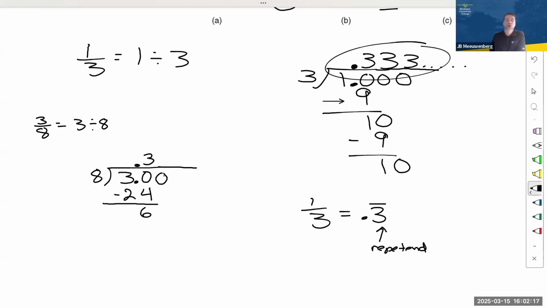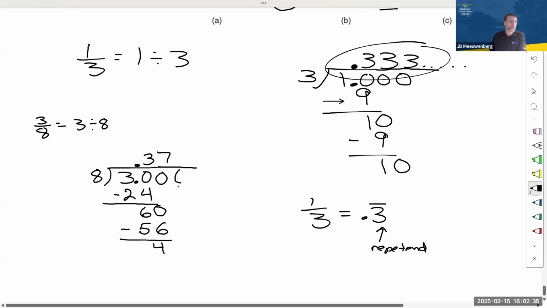Add a 0 to that hundredths place. Drop that down. Now we're working with 60 hundredths, but we're just going to treat it as 60. 8 divides into 60 7 times. 7 times 8 is 56. When we subtract, we get a 4. Add a 0 to that thousandths place. Drop it down. Now we have 40.